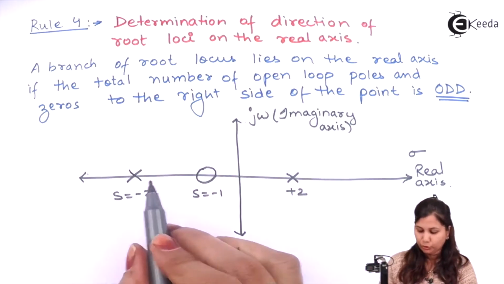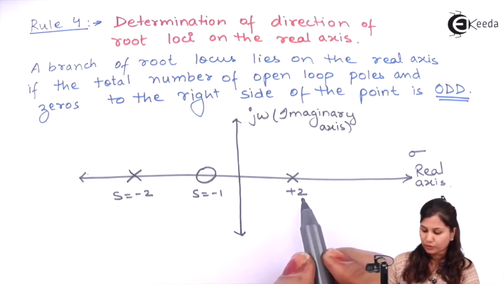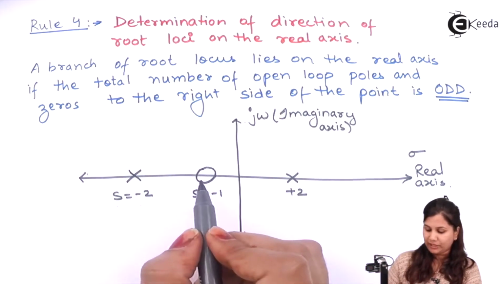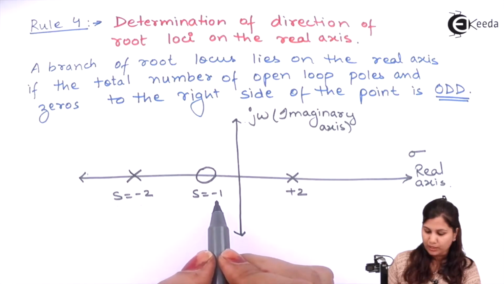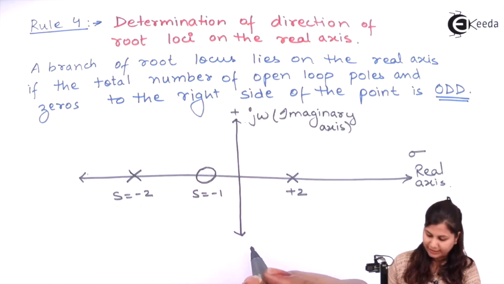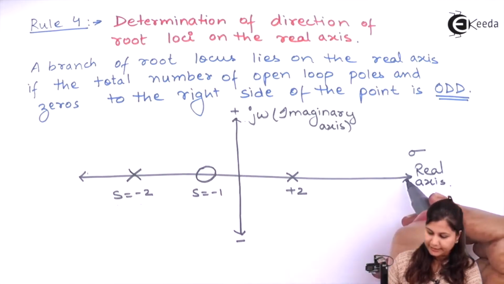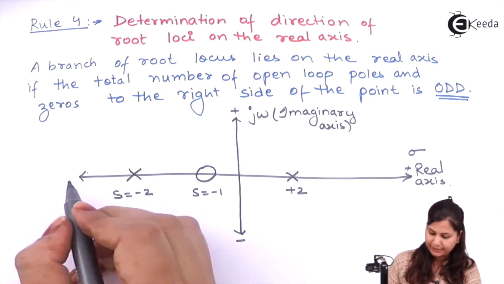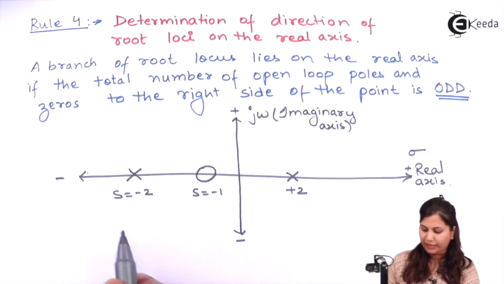So we are having two poles, s equals -2 and s equals +2, and a zero at s equals -1. This is the positive and negative imaginary axis, and this is the positive and negative real axis. So we have plotted the poles and zeros of a system.